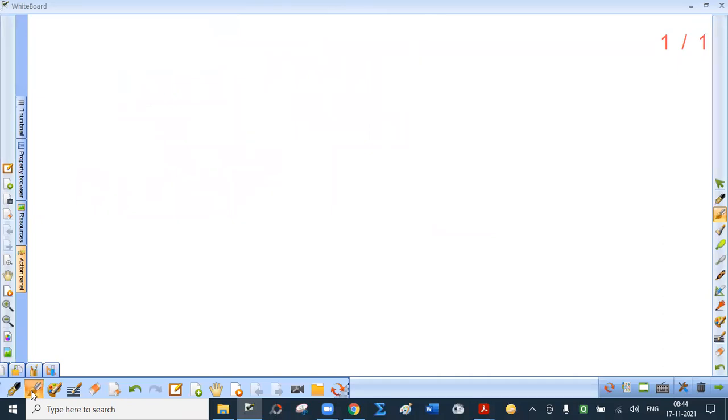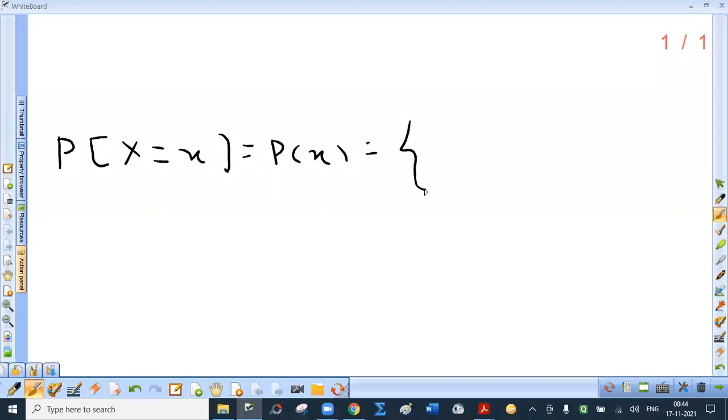Small n means number of trials and small p means probability of success, if its probability mass function (PMF) is given by: P(X = x), in short P(x), equals nCx p^x q^(n-x), for x = 0, 1, 2, 3 up to n, and equal to 0 otherwise.